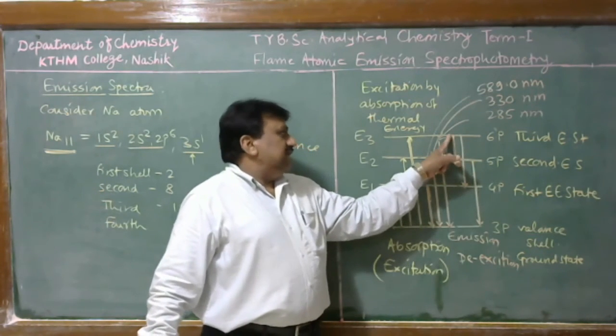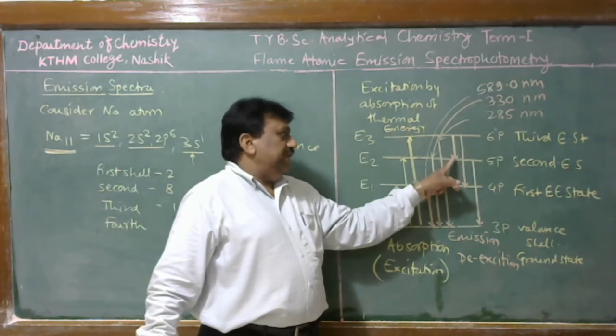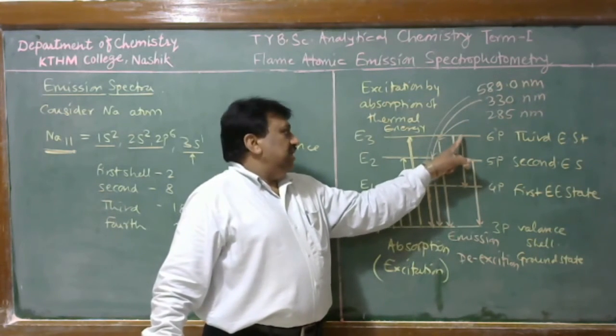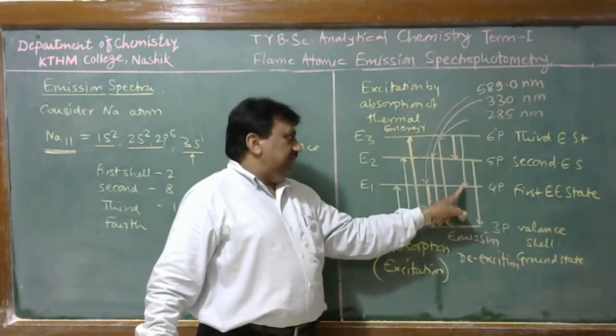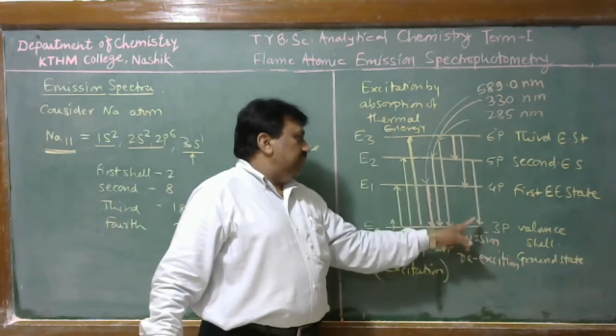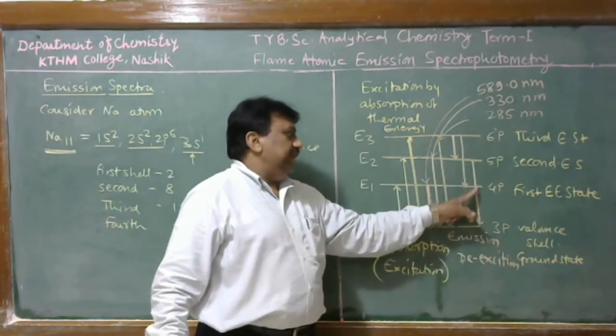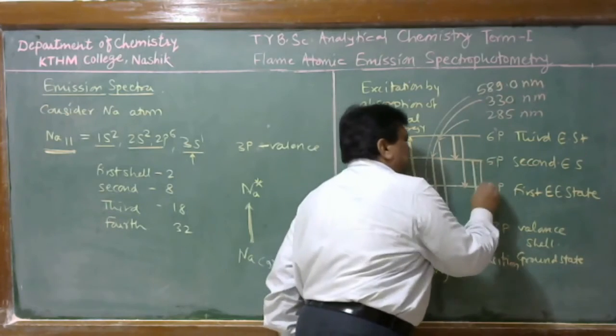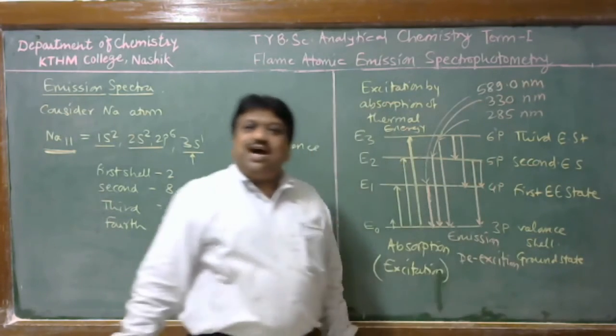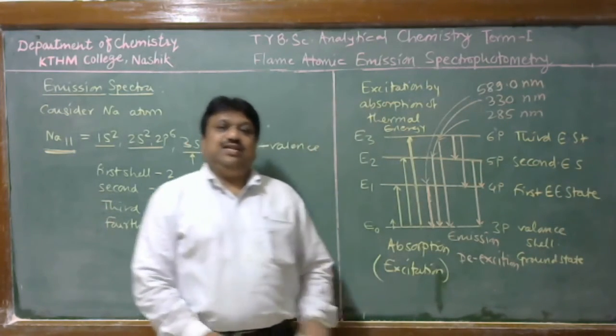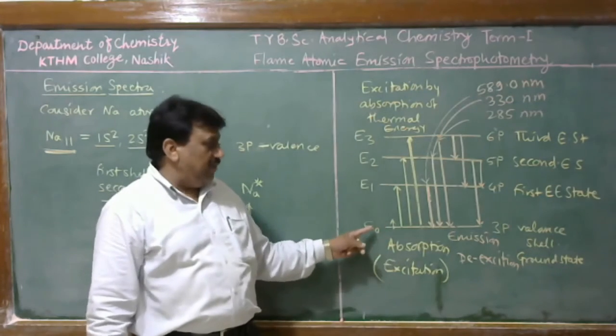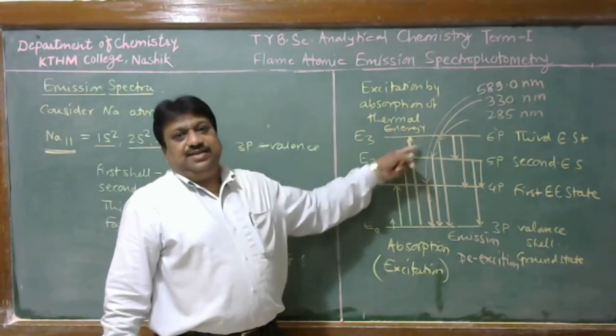That means when the 3p electron de-excites to E2, E3 to E1, or E2 to E0, or E2 to E1, these types of lines also occur when sodium is de-excited from an excited state to the ground state level.